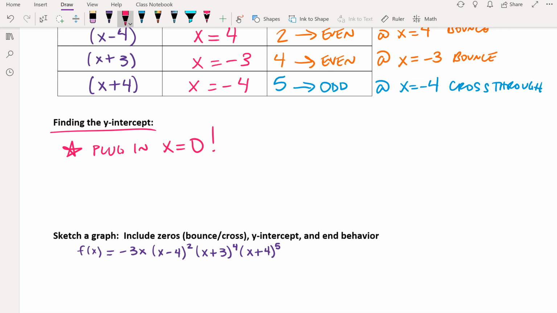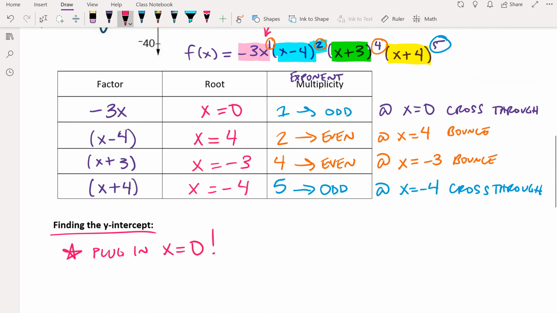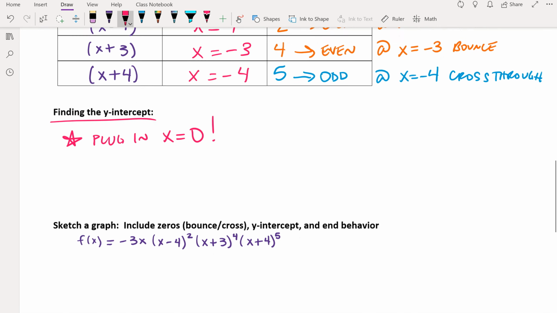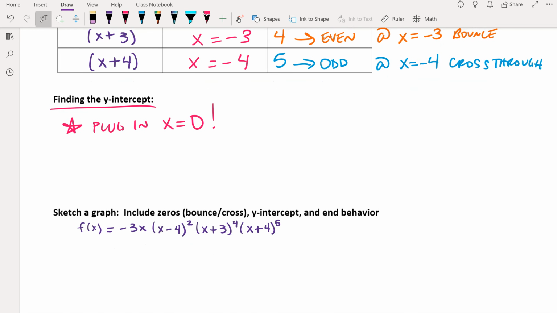So let's go ahead and find the y-intercept for our function. We have our function up top. We're going to plug 0, or actually let's use the version right below here. We're going to plug 0 in to f of x. So we're going to say, all right, f of 0 equals, and we get -3 times, I'm going to put parentheses around every time I plug in.